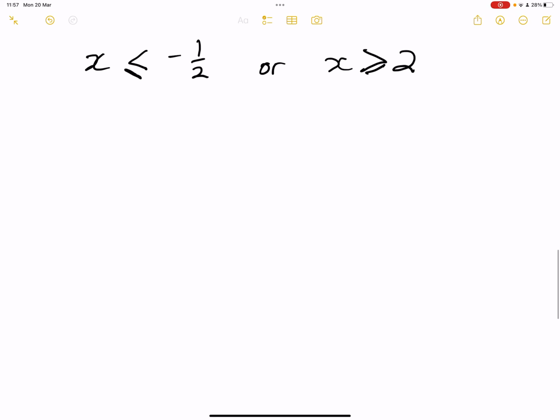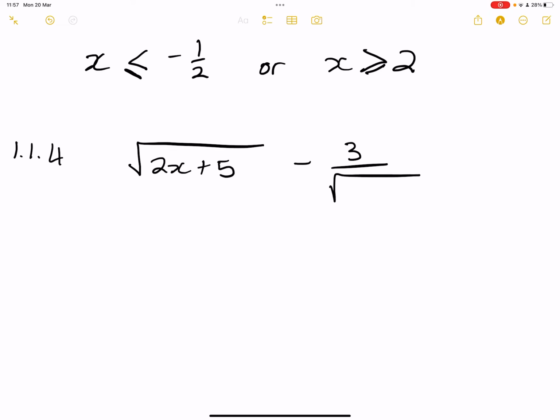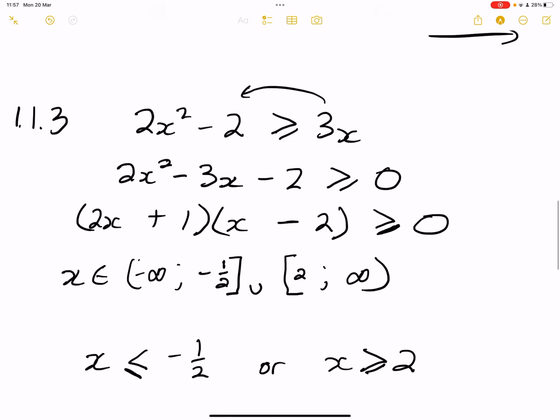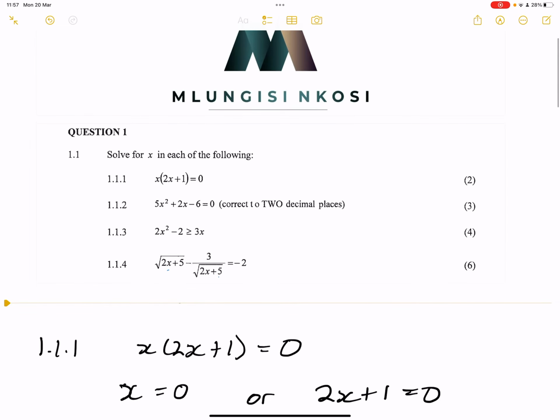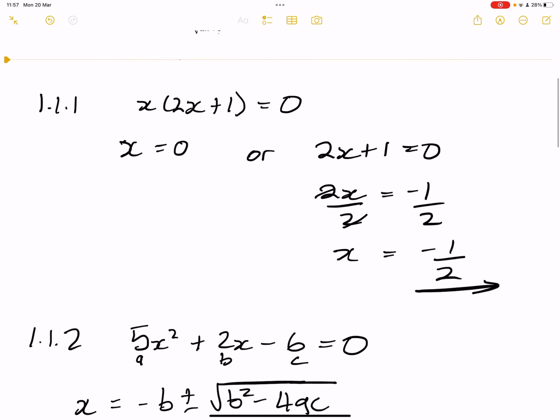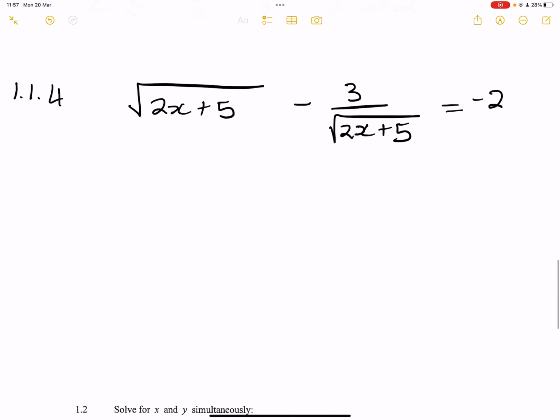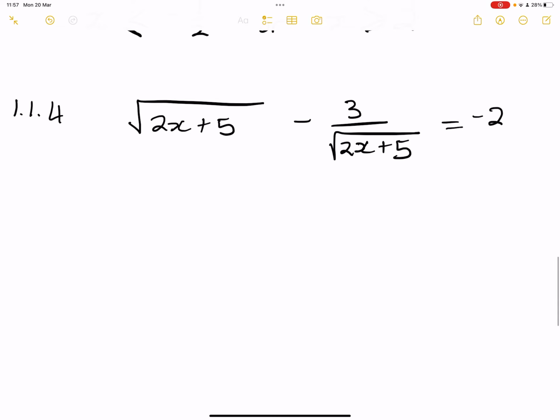So we've got 1.1.4, the square root of 2x plus 5, minus 3 over the square root of 2x plus 5, which is equal to negative 2. Let's just verify that again. Yes, so that's minus 3 rather. Okay, yeah, I think that's fine.